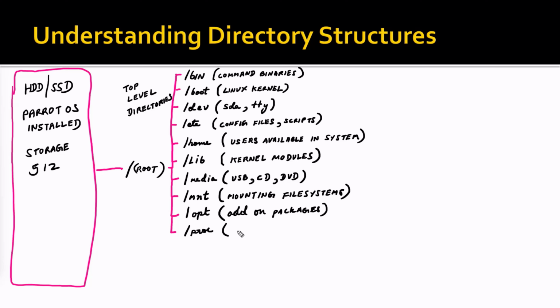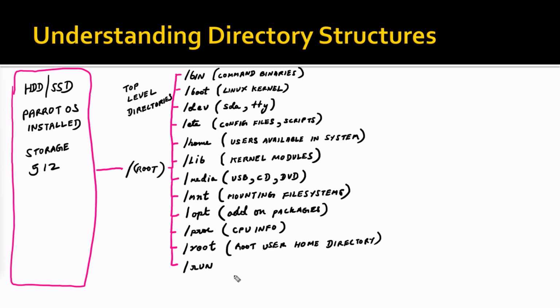This directory is dynamically created and contains information like /proc/cpuinfo for CPU details. We have got /root, the home directory for the root user, the system administrator. It is distinct from /home and used for root's personal files and configurations.